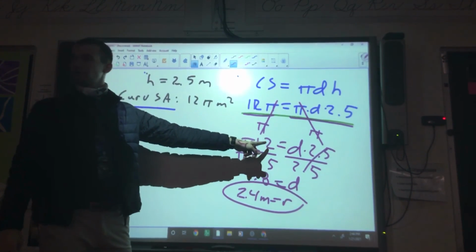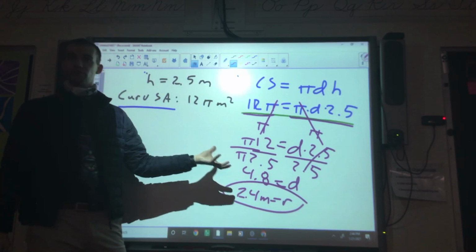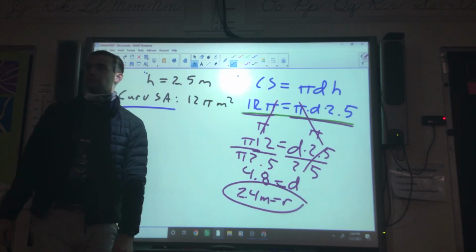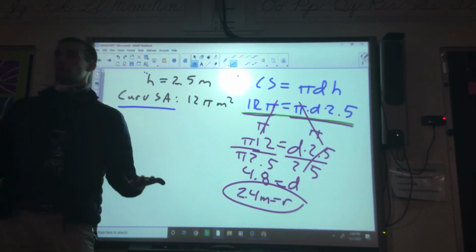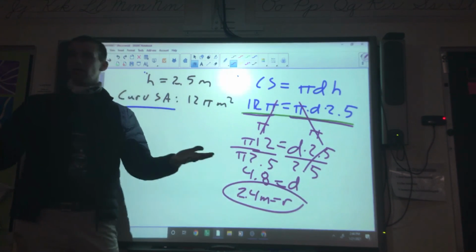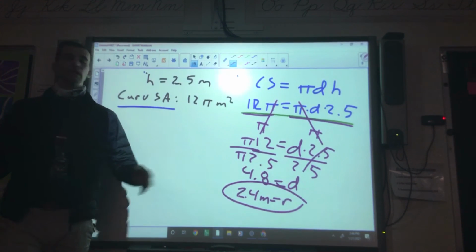You'd have done 12 times that, 2.5 times that, and then you would have undone the multiplication by pi that you did for both of them, and you would have gotten the exact same answer, 4.8. So it doesn't matter which one. If you're really nervous about making that same mistake, it doesn't matter. Yes, it's an extra step that you'll be taking, but you're still going to get the same answer, even if you forget to do that.